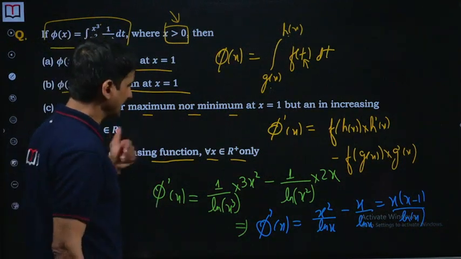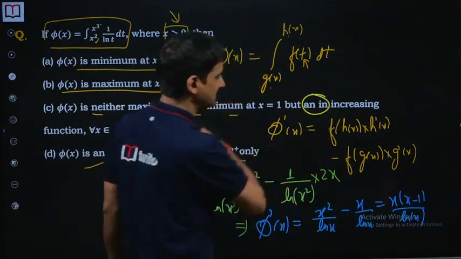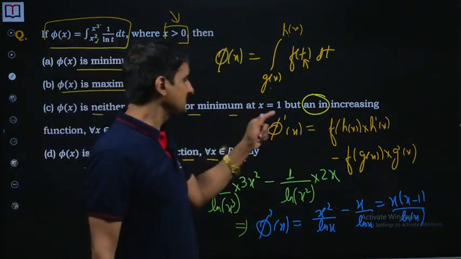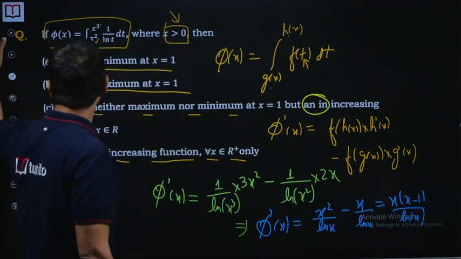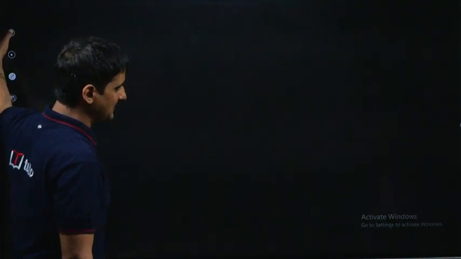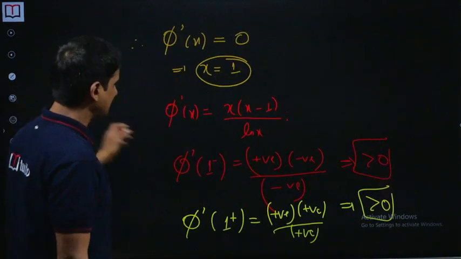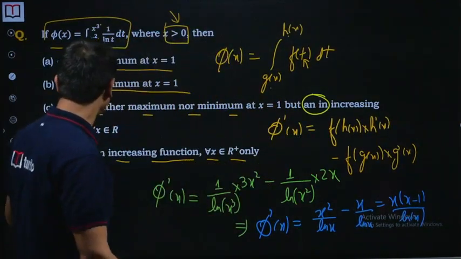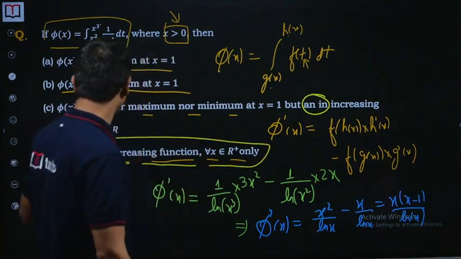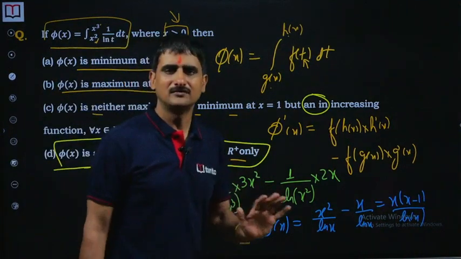So C, I think, no, that depends on what the statement here is. If it says that it's not an increasing function, then the answer should be D. Otherwise the answer should be C here. I don't think I have marked the answer, so there might be some typing error here. According to me, in that case, phi x is an increasing function for all x belonging to R. Okay, for all positive x.